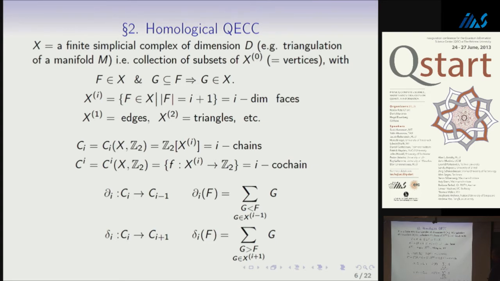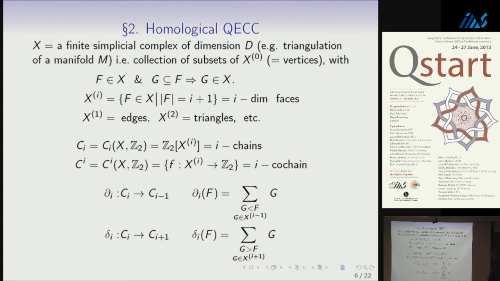So let Ci be the i-chains. What does i-chain mean? You take the set of all i-cells and you take the vector space over Z2 whose basis is this set.